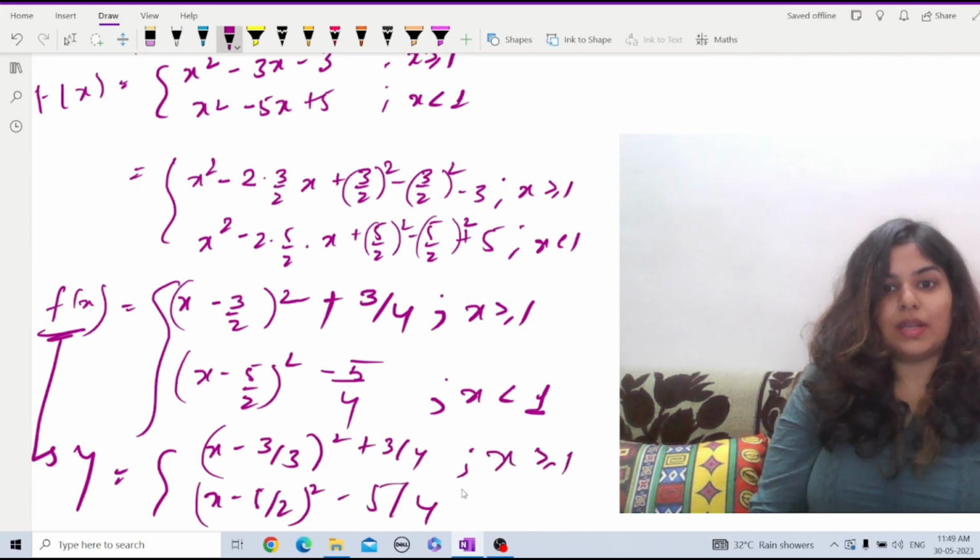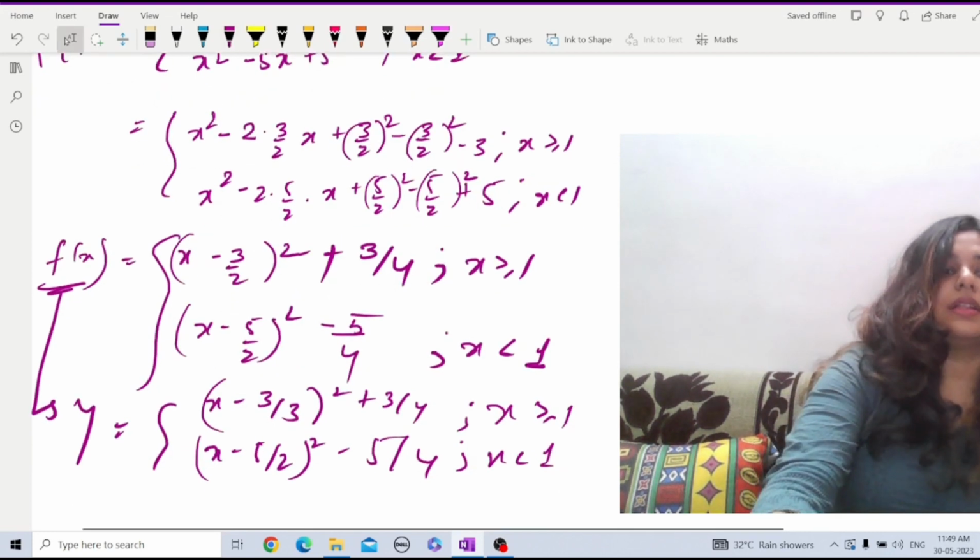For x greater than equals to 1 and x less than 1.